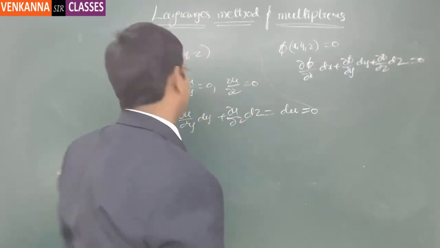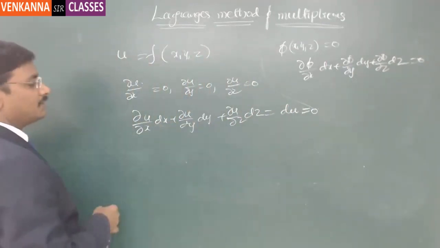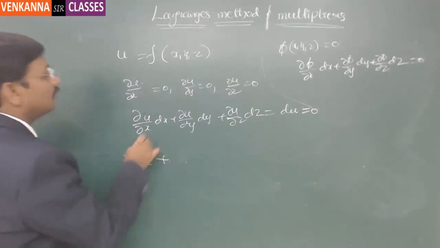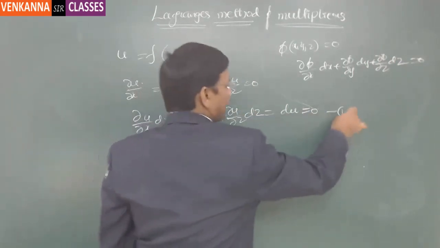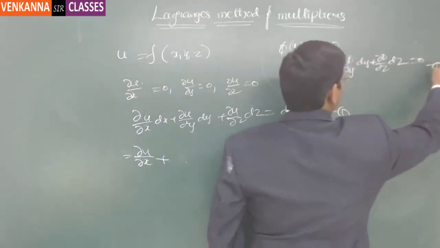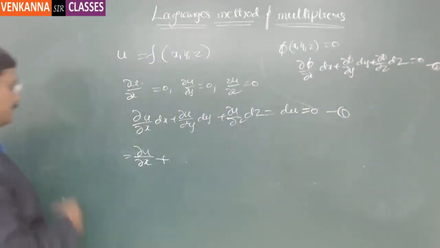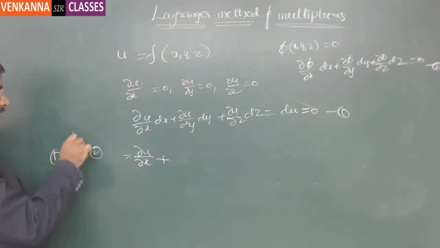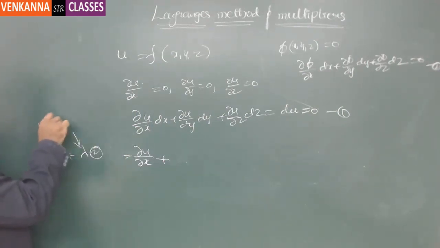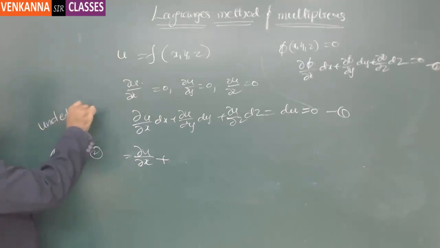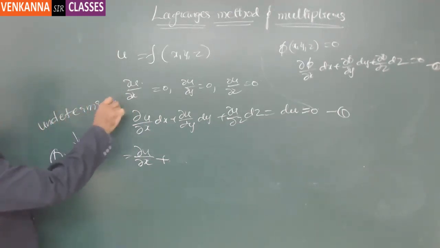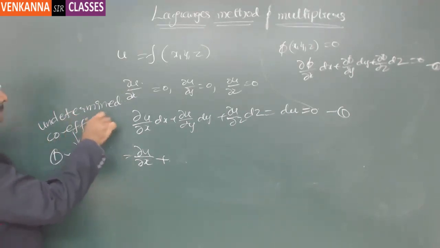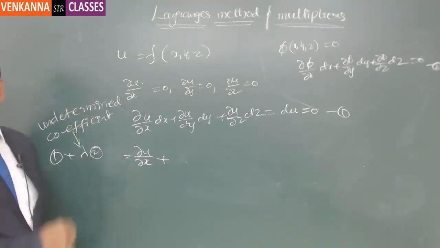Now here, if you add these 2 together, I call this equation number 1 and this equation number 2, then what I am going to write here is 1 plus lambda times 2. So lambda is an undetermined coefficient. I will explain the importance of this.